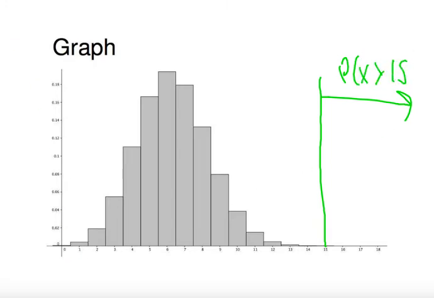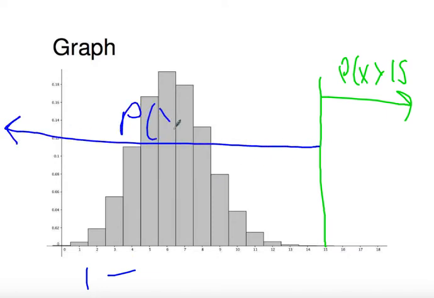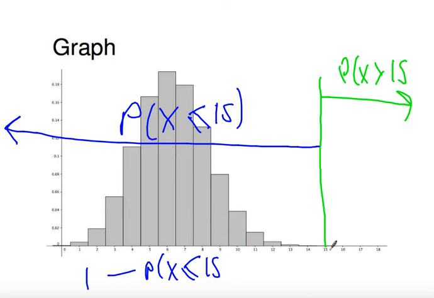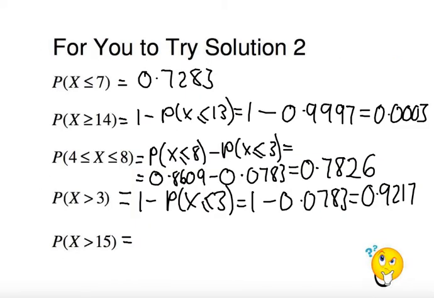Again I'm going to do 1 minus, because I need to do less than, and I want to subtract this whole part of the graph here, which is x less than or equal to 15. Sorry, that green line should perhaps be over here rather than there, so it should be probability x less than or equal to 15. I can't tell because the bar isn't there. Okay, so let's just note that down.